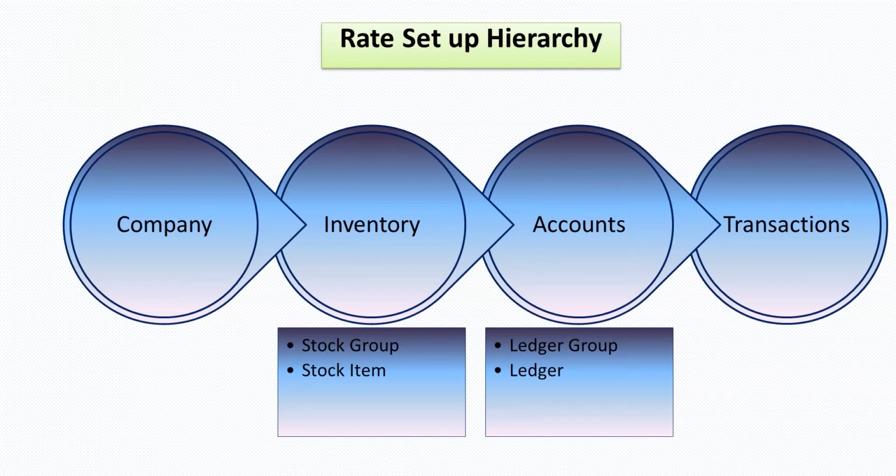I don't want to, at the ledger level, again set up everything as 18%, 18%. I only want to do a one-time configuration at the company level itself. So I'll go ahead and do a company level configuration. If I do not do further configurations at the inventory level or accounts level or the transaction level, it will derive its configurations from the company level setup, whatever we do.